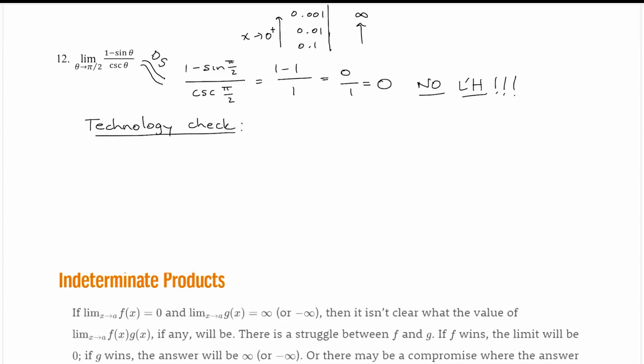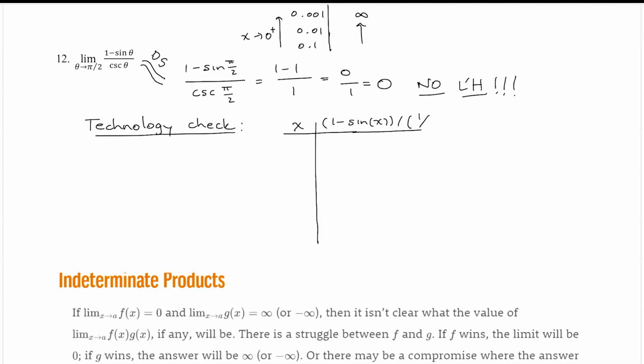Okay, now again, if you want to do a little technology check, you could certainly be creating tables in Mathematica or in your calculator. Again, even though in the statement of the question they were using theta as the input variable, in the calculator we're always using x.